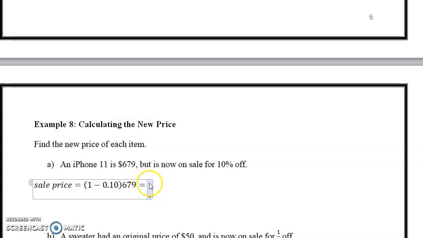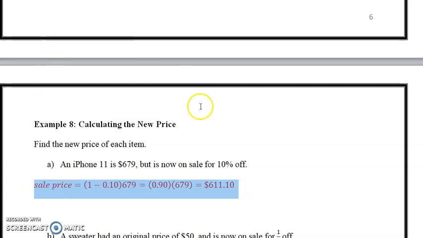So that's going to be the same as 0.90 multiplied by 679. So we take 679 multiplied by decimal 9, and we get $611.10. It's just decimal 1 on your calculator, but remember money is 2 places after the decimal. And that's how you calculate a sale price.